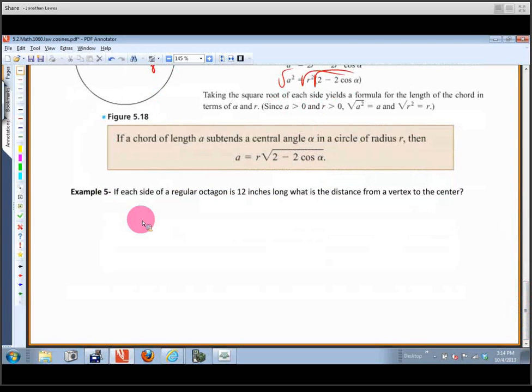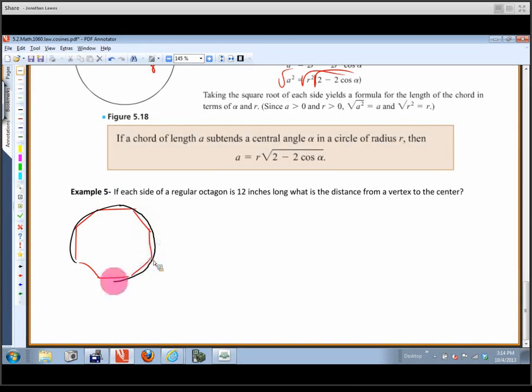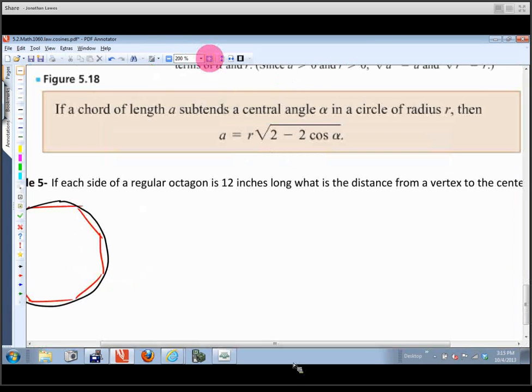It says if each side of a regular octagon is 12 inches long, what is the distance from the vertex to the center? So an octagon, we've got a stop sign thing going here, and then that is inside a circle. So it looks something like this, okay? Crappy looking, but let's blow this up and take a good look.